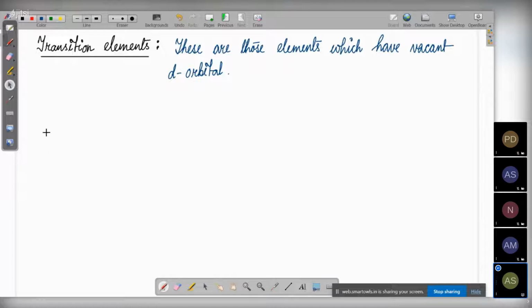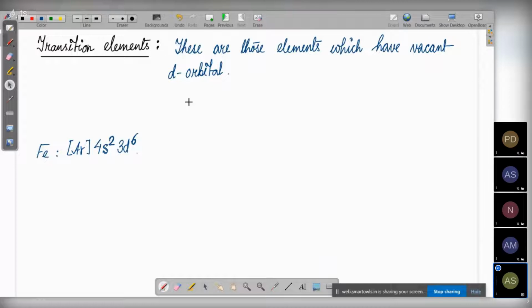So what is the configuration of iron? Iron is argon, 4s2, 3d6. Now tell me, how many electrons can be present in the 3d orbital?